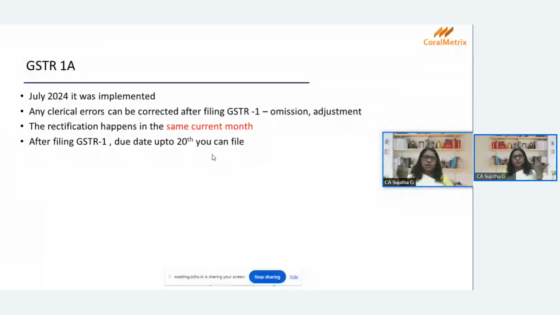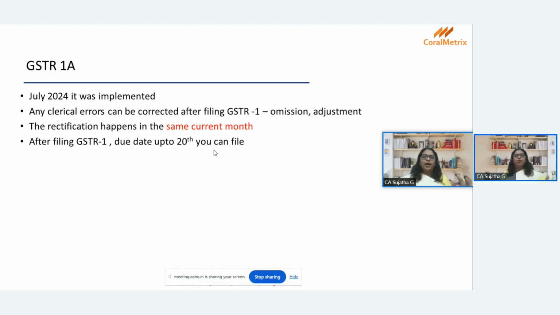Earlier, before the introduction of GSTR1A, there was no mechanism in place to correct any return. Once it is wrong, it is wrong. The only way to correct was to pull out that record in the subsequent month and do the correction. That was the only option available. So any error that was committed was causing disturbance for the recipient.